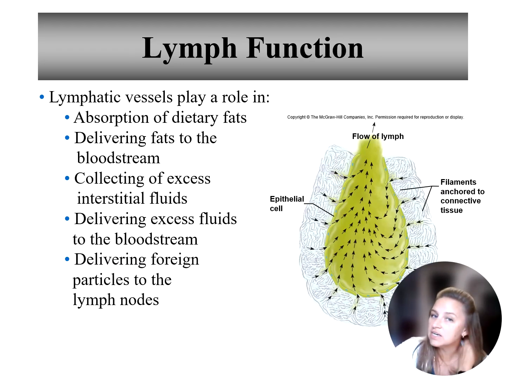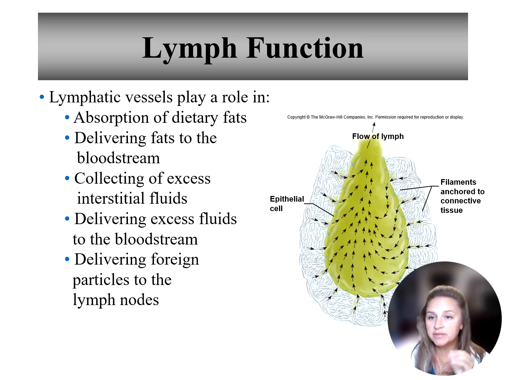So the function of lymph is to deliver fats to the bloodstream, to collect excess liquid and deliver excess fluids to the bloodstream, and to collect foreign particles and deliver them to the lymph nodes. So it's going around the body collecting all of these foreign particles.